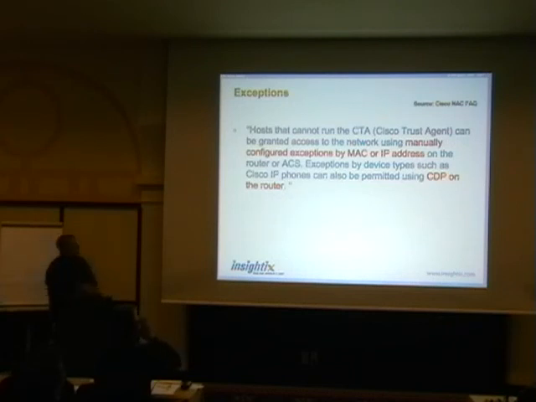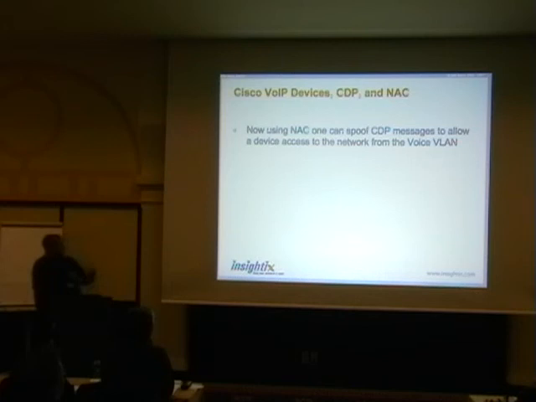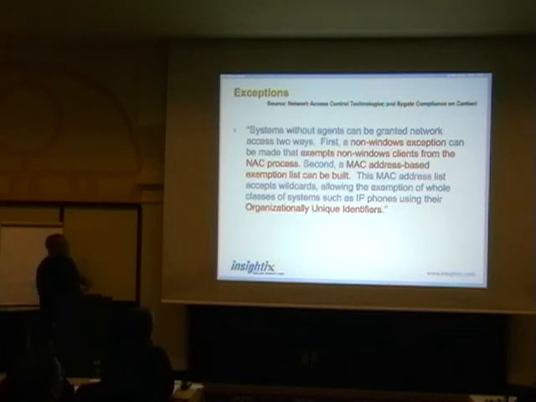You simply go and say, hosts that cannot run the agent can be granted access to the network using manually configured exceptions by MAC or IP address. And now if you're a VoIP device, even better. Just send me the CDP message and I'll give you access. Great. And even better, if we can't handle you, just give us your MAC and you'll be great.